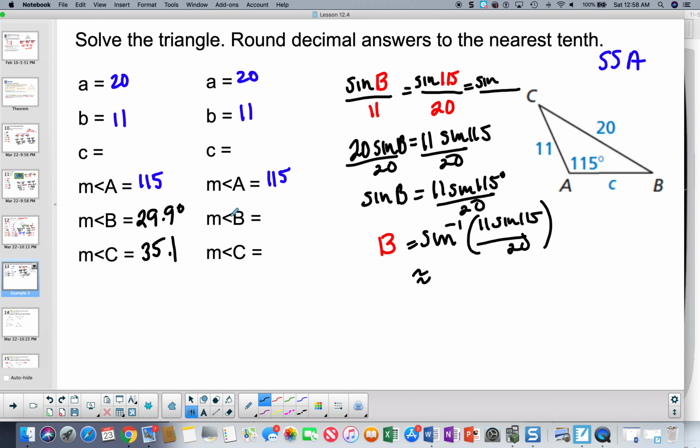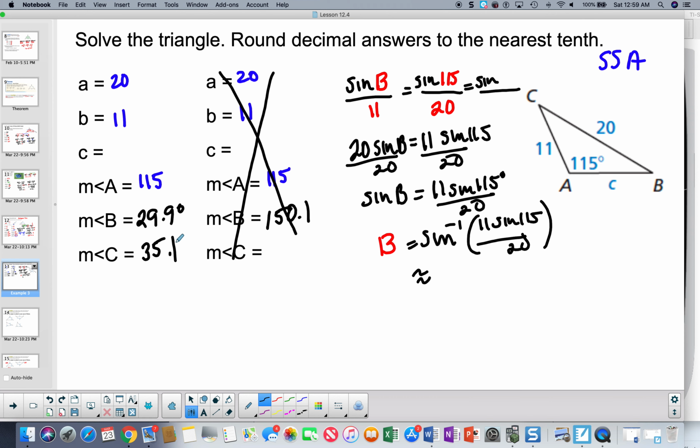So 180, take away 29.9, and the answer is 150.1. Now, I can already see this situation does not make sense. These two are going to be adding up to more than 180. So for this side-side angle, there aren't 2 solutions. There really is only one solution because the angle B here creates a situation where I'm not going to have a triangle.